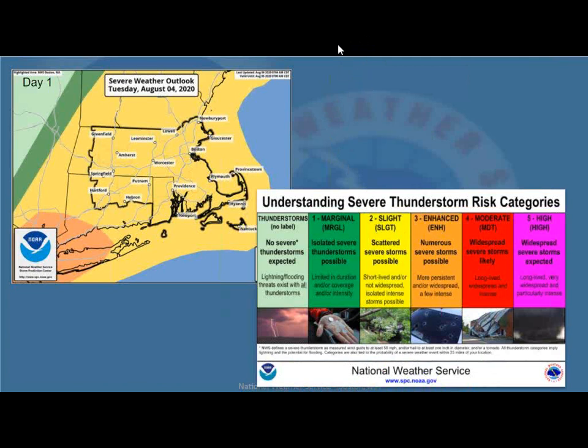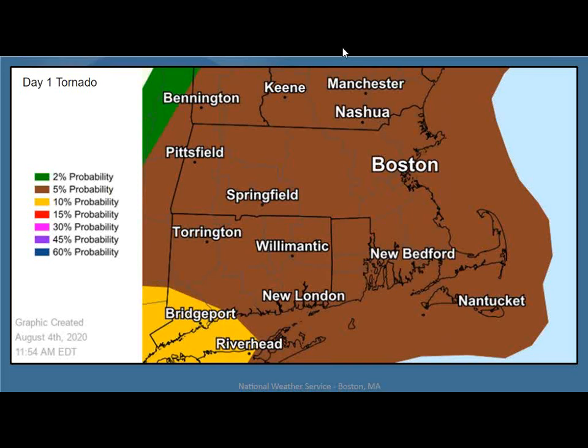Slight risk, again, it may sound kind of benign, but when we get slight risk, that's something to be concerned about, and kind of like a reminder to stay weather aware. And that's the graphic for day one tornado probability. That's 5%, and you see the 10% towards our southwest.